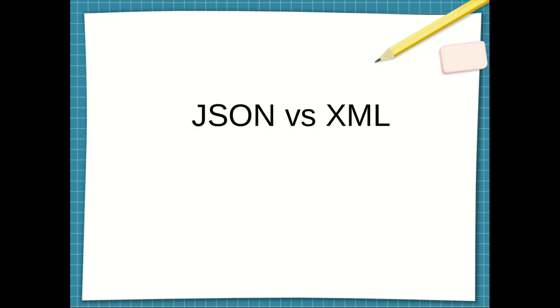JSON versus XML. JSON is very simple and lightweight compared to XML. XML requires open and close tags. It contains all the data, and the tag needs to be present whether the value in the tag is present or not.